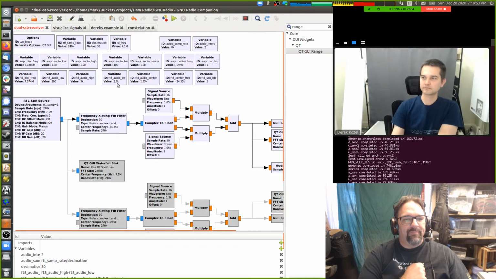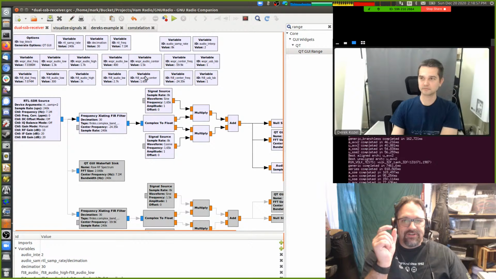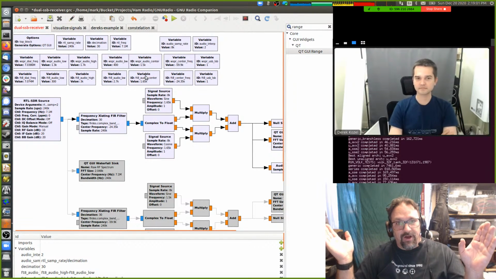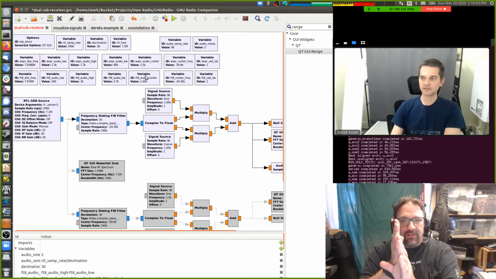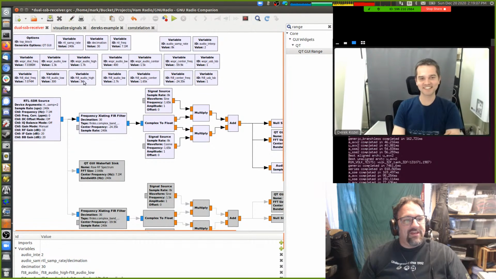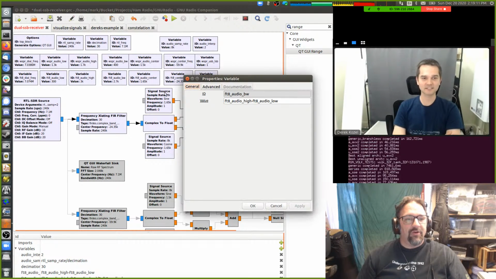So the audio bandwidth is 2.7 kilohertz. So the center of the audio, because again, we're dealing with complex numbers which have positive and negative audio, right? So we always want to know what the center of our passband is. So all of this is just there to calculate what the center of the passband is. So the audio bandwidth is literally the high frequency minus the low frequency.